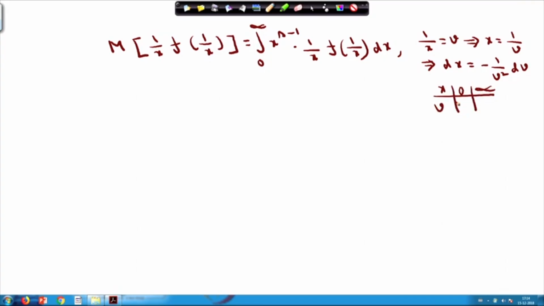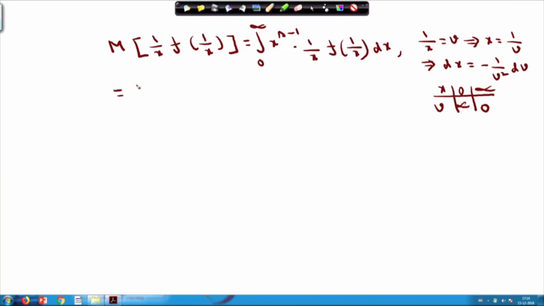For x equals 0, v is infinity, and for x equals infinity, v equals 0. Therefore, the limit of the integration will be from infinity to 0, as v is moving from infinity to 0.